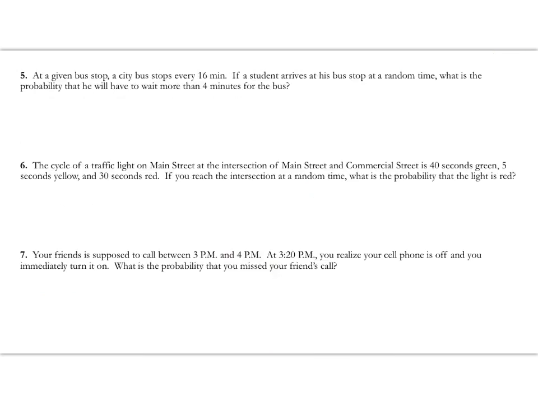Alright, then these are word problems where I'm actually going to encourage you to draw a segment out to help you figure this out. So it says, at a given bus stop, a city bus stops every 16 minutes. If a student arrives at his bus stop at a random time, what is the probability that we will have to wait more than 4 minutes for the bus? So we're going to start by drawing out a segment here, with the total being we're going from 0 to 16 minutes.